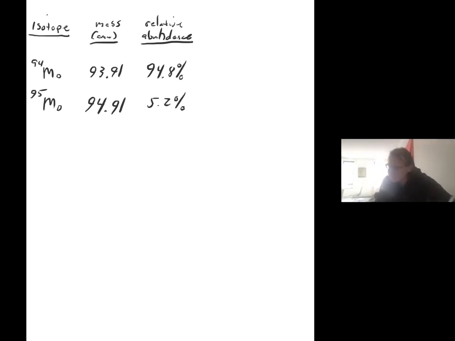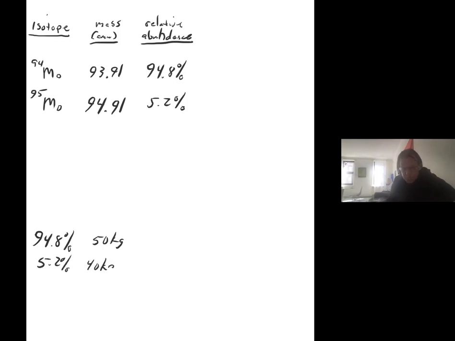Now, just to kind of think about numbers a little bit, suppose I said that 94% of all the dogs weighed 50 kilograms, and only 5.2% of them weighed 40 kilograms. When you do the average, what you'd find is the average would be closer to 50.